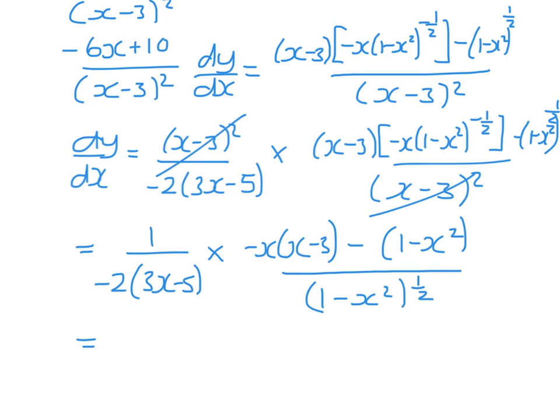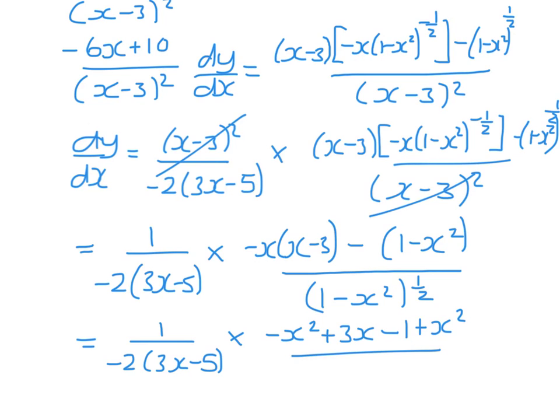So that leaves me with 1 over minus 2 upon 3x minus 5 multiplied by minus x squared plus 3x minus 1 plus x squared all over (1 minus x squared) to the power 1/2.